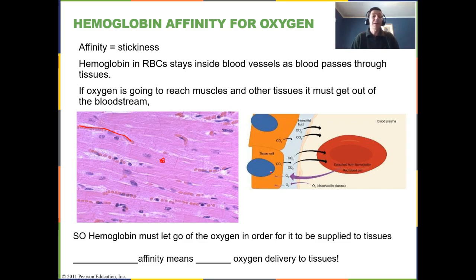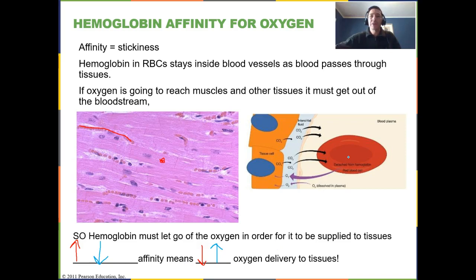So what this means for us is that if you increase the affinity, the oxygen is going to stay in the red blood cell and not make it into the tissue. So that actually decreases the delivery. If you decrease the affinity, that increases the delivery.